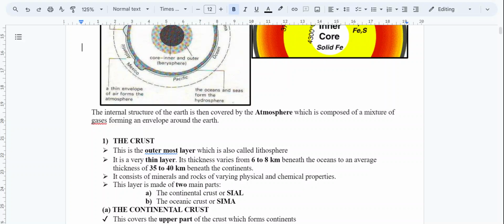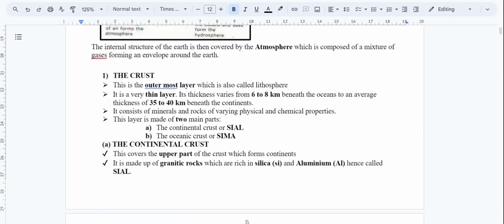Let us look at them one by one. For us to understand, the crust is the outermost layer of the lithosphere. Let me give you an example of an orange. The cover of an orange is like the crust, and what we eat inside is like the mantle. The orange has a center, and that center should be taken as the core.